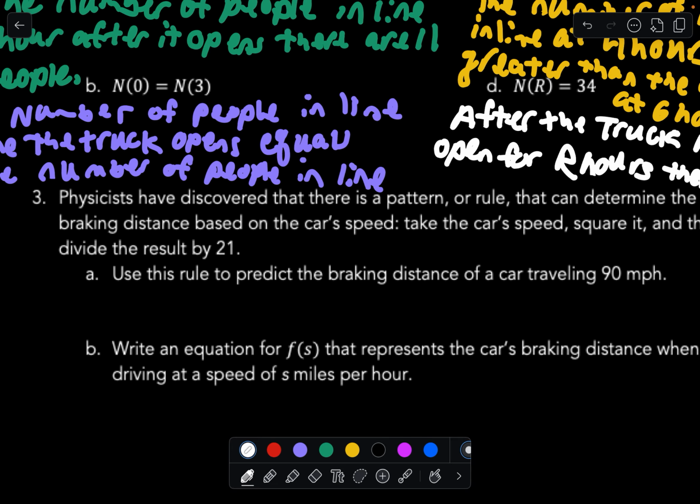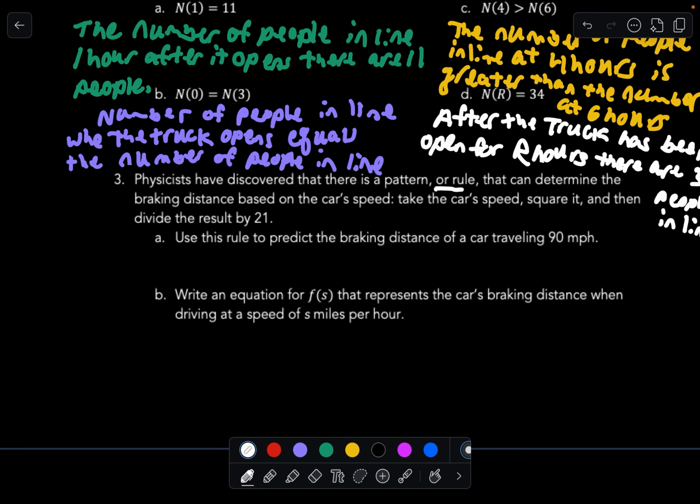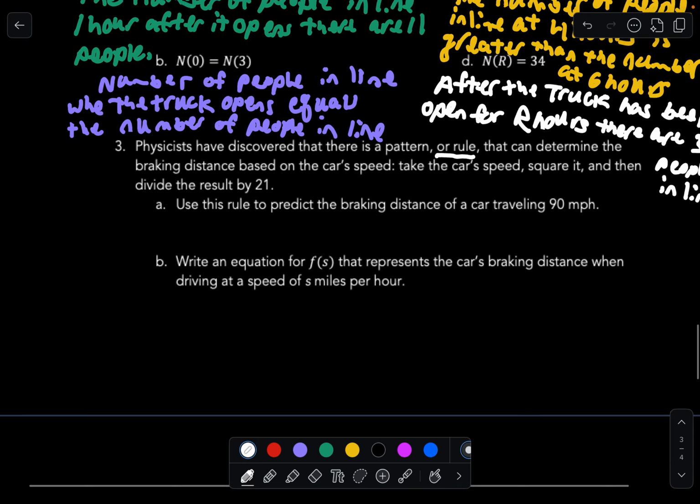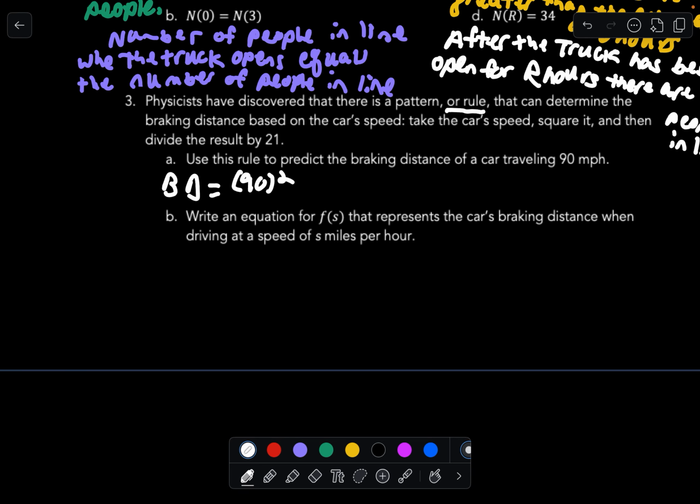So physicists have discovered that there is a pattern or rule that can determine the braking distance based on the car's speed. Take the car's speed, square it, and then divide the result by 21. Use this rule to predict the braking distance of a car traveling 90 miles per hour. Well, the braking distance, BD, equals, take the car's speed of 90, square it, and then divide it by 21.